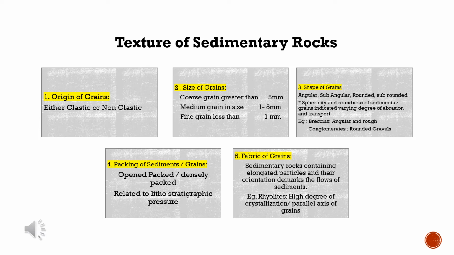Lastly, fabric of grains: sedimentary rocks containing elongated particles under orientation demarks the flows of sediments. Example, rhyolites, high degree of crystallization, and parallel axis of grains.